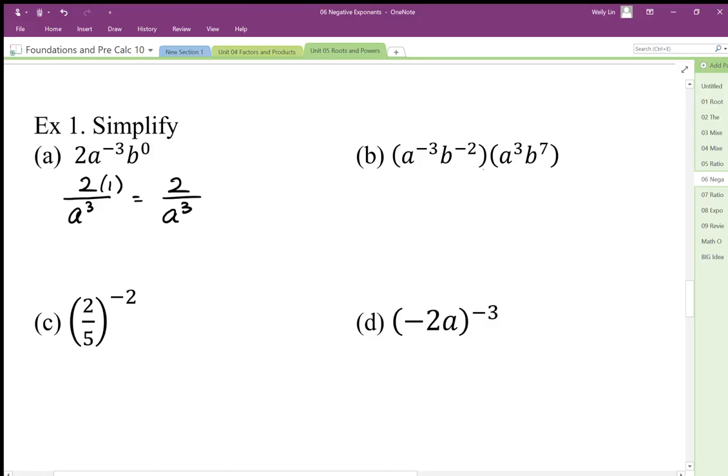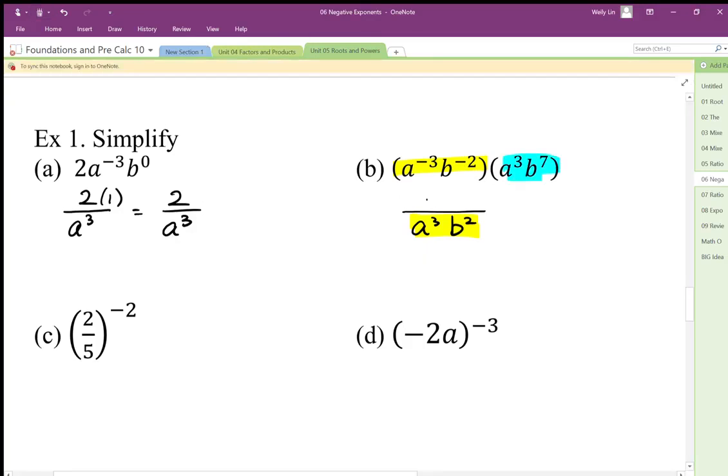And the same thing can be done here. I can make my numerator and denominator. So I'm going to deal with my denominator first. Okay, I know that the power negative 3 means divide. Power negative 2 means divide twice. The numerator is going to be all my multiplication parts.